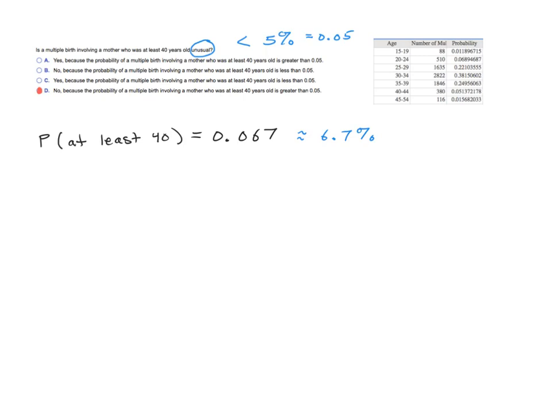Now, if you wanted to look at something that was unusual, consider just the probability for 45 to 54. If we round to 3 decimal places, and here I'm just directly looking at this category, I would get 0.016.